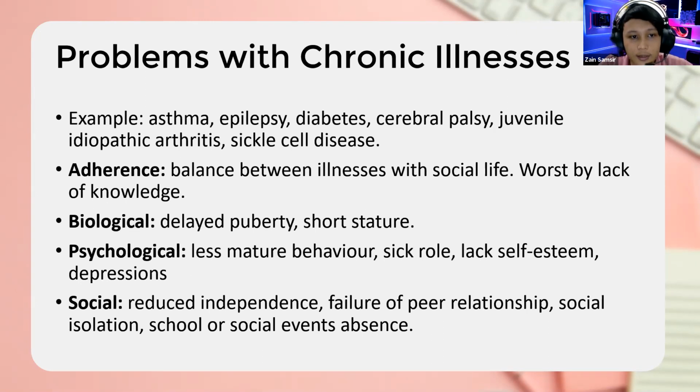So adherence, because adolescents tend to want to have a social life, so they need to balance the adherence to the medication for the illness with their social life. And usually they tend to have problems with adherence due to lack of knowledge towards the importance of the medication for the chronic illnesses.